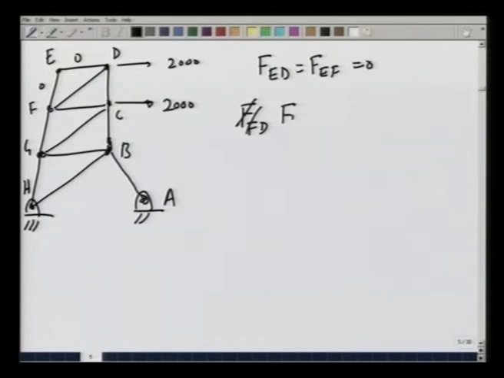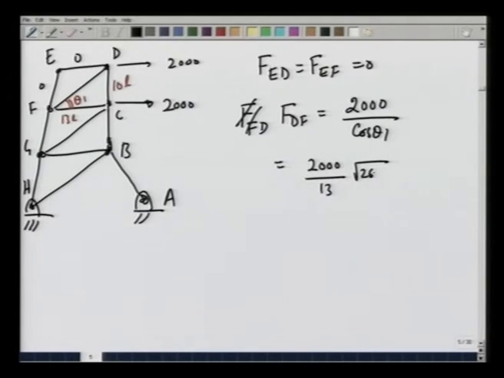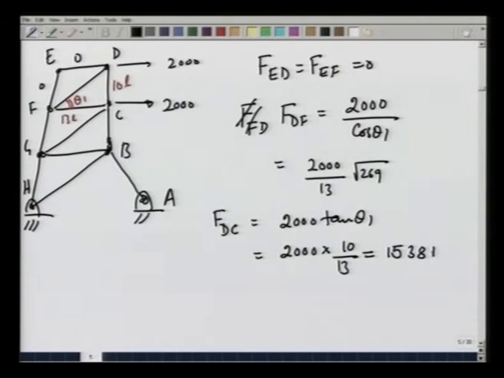So, F_DF equals 2000 over cosine of theta 1. Let me remind you, this is theta 1, this is 10 L, this is 13 L. So, which is equal to 2000 over 13 square root of 269, and F_DC comes out to be 2000 tangent of theta 1, which is 2000 times 10 over 13, which comes out to be 1538 newtons.